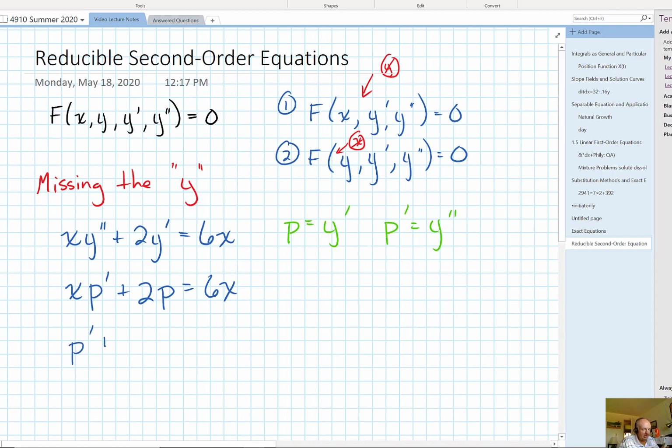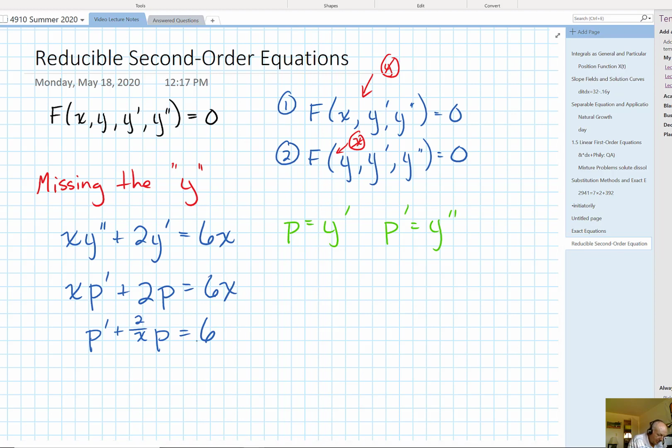In fact, that's going to work, because remember, you can't have a coefficient on the derivative term. So if we divide everything by that x, we end up with p prime plus 2 over x p equals 6.